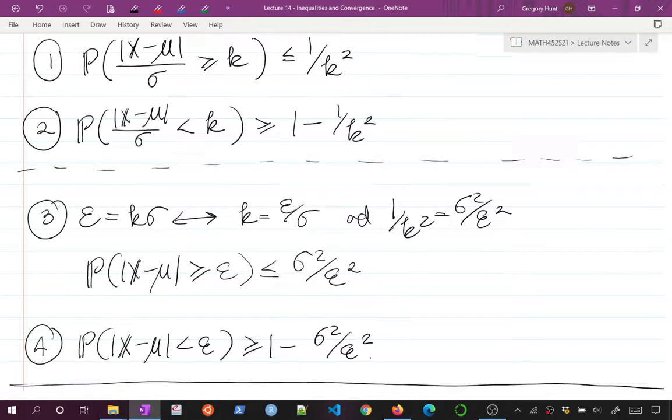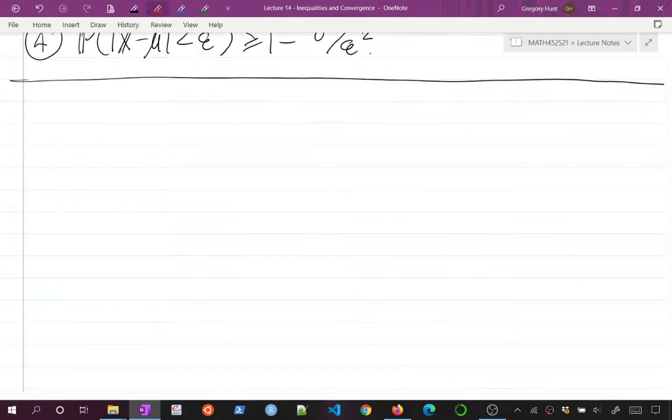So before we move on to convergence, I should do my duty here and look at one example of how to use Chebyshev's inequality outside of a convergence context. Here's an example.